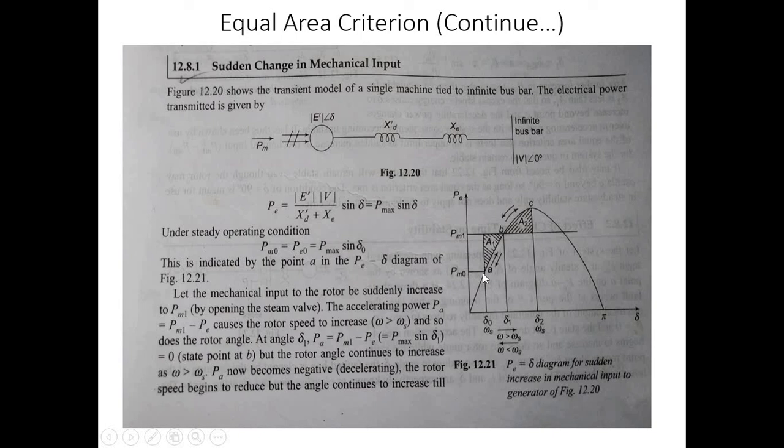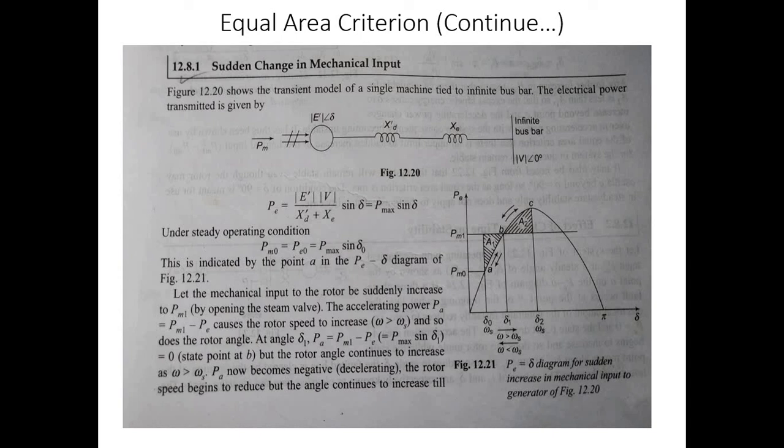The accelerating power Pa is equal to PM1 minus P, which causes the rotor speed to increase. That is, whenever PM0 is increased from PM0 to PM1, the accelerating power goes on increasing, and the speed also goes on increasing, so omega is greater than omega s, and so does the rotor angle.